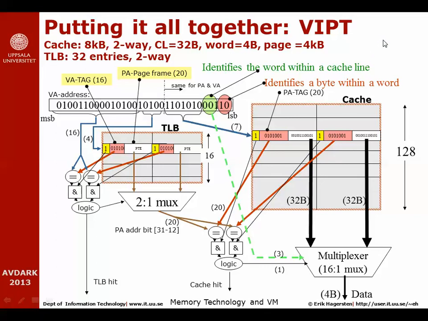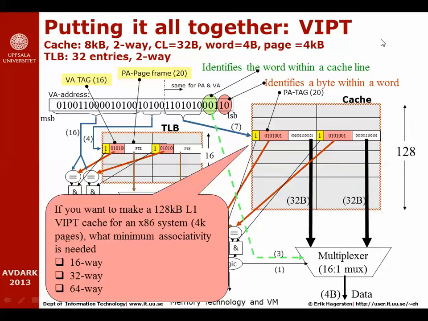Now the question is, given that you have seen this design, can you answer this question? If you want to make a 128 kilobyte L1 VIPT cache for an x86 system, assuming the page size is 4 kilobytes, what's the minimum associativity needed for this VIPT cache to work?